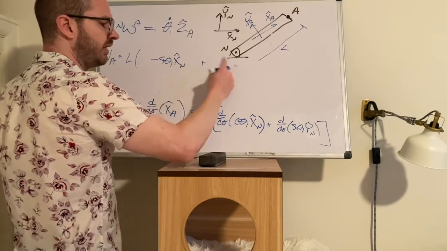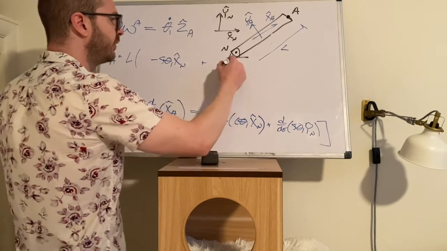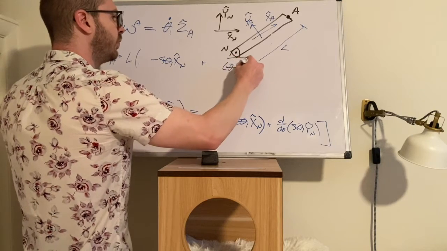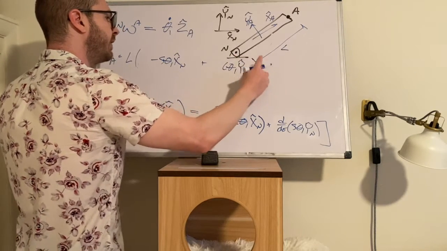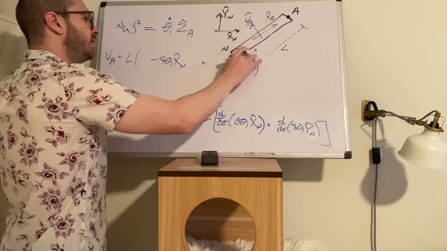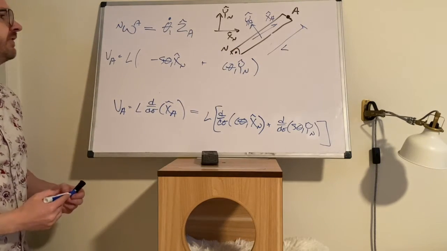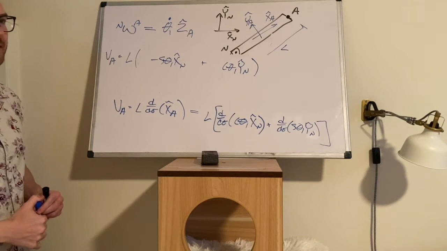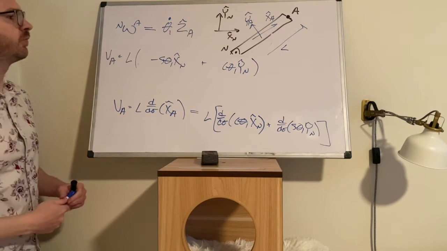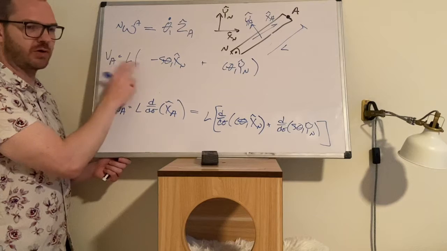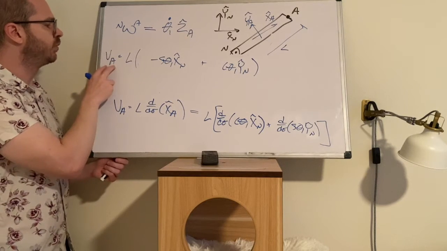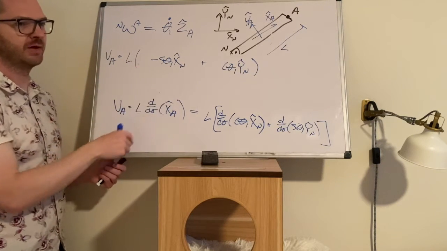And then we're going to have plus ddt of sine is cosine y hat n. All right. You can see that I left a little bit of space in here because this is not quite it. We're not actually done.